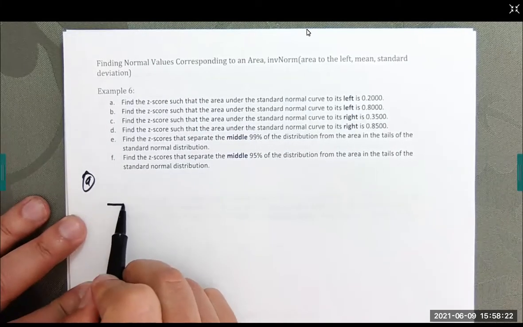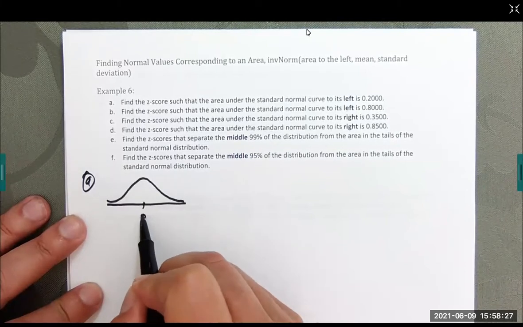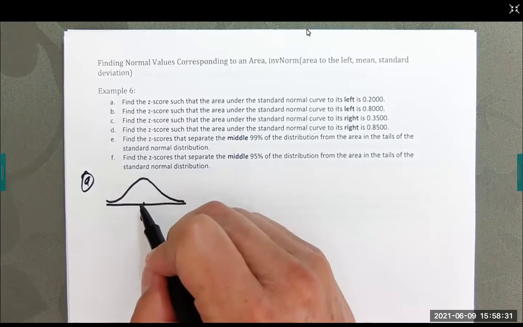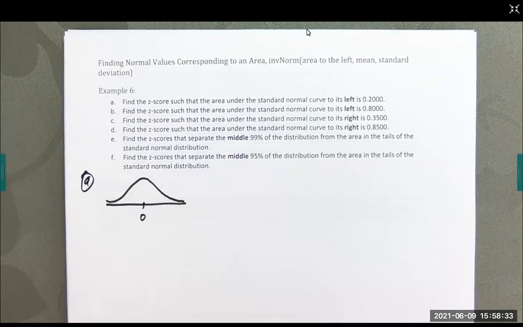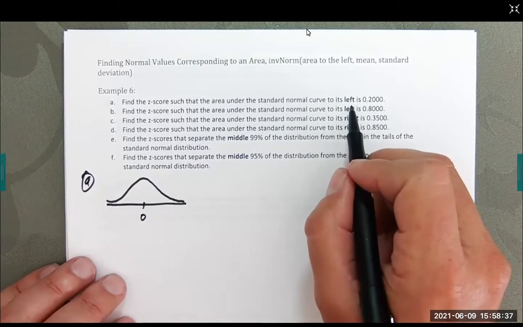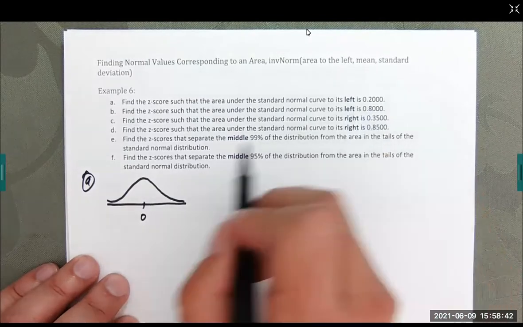Let's start with A. And I'm going to draw a picture for a lot of these. Remember, right in the middle, to the right or left, is 50%, 0.5. So it says area to the left is 0.2. So that means I want to be over here because that's less than 50%.